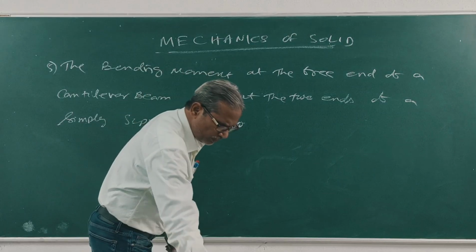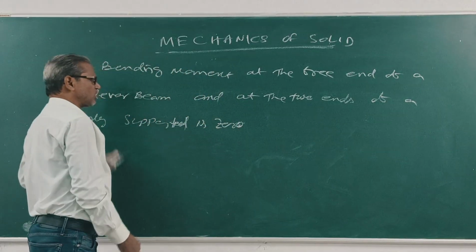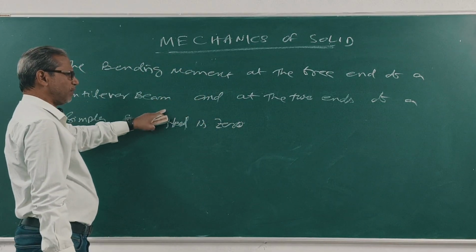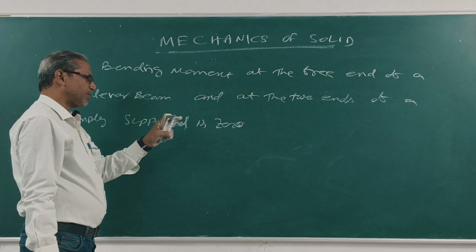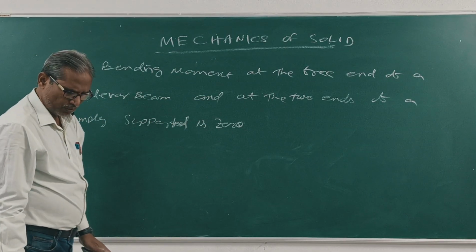Clear? The bending moment at the two ends of a simply supported beam and at the free end of a cantilever beam is 0.